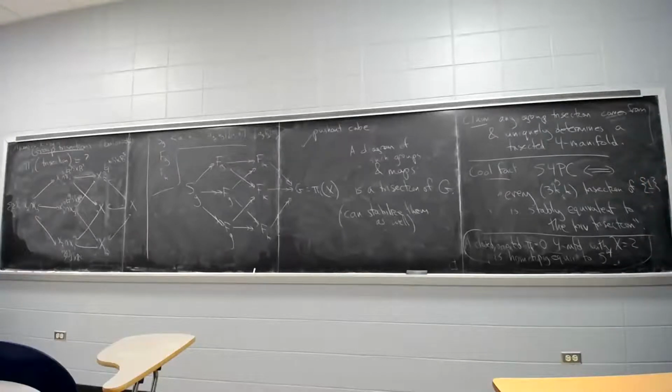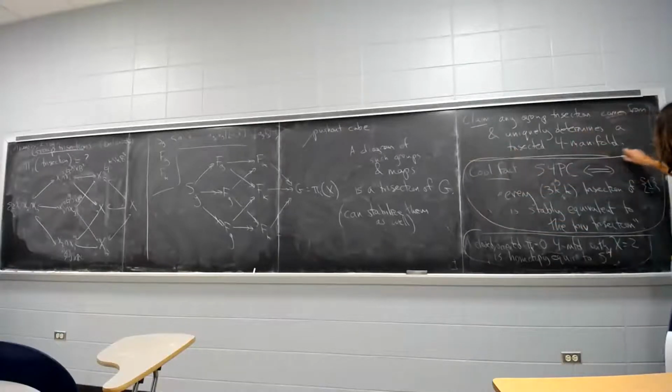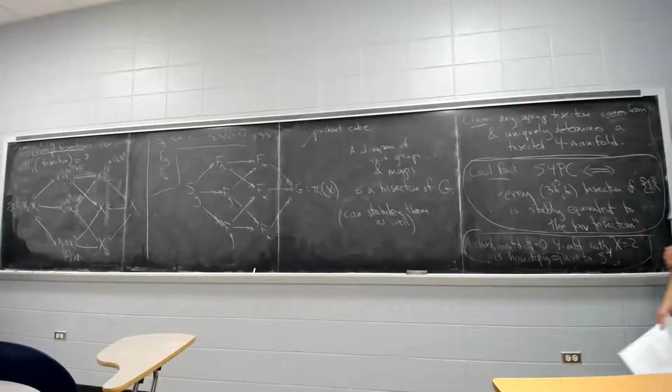If you have a four-manifold with a (0,0) trisection, then it is S4. So what is amazing about this is that the smooth four-dimensional Poincare conjecture is a statement about group theory, because nothing in the quotes here involves smooth anything.